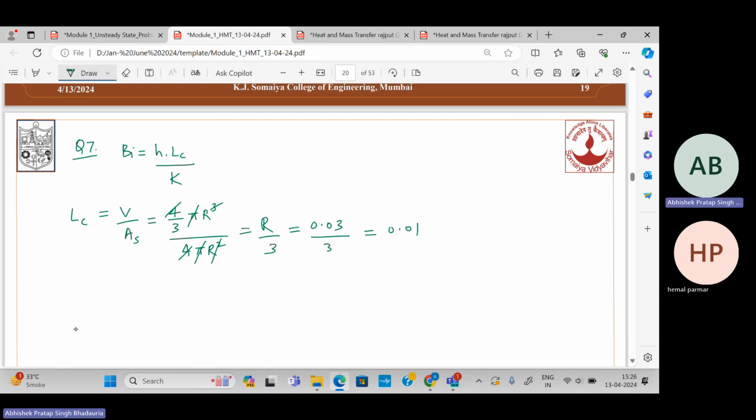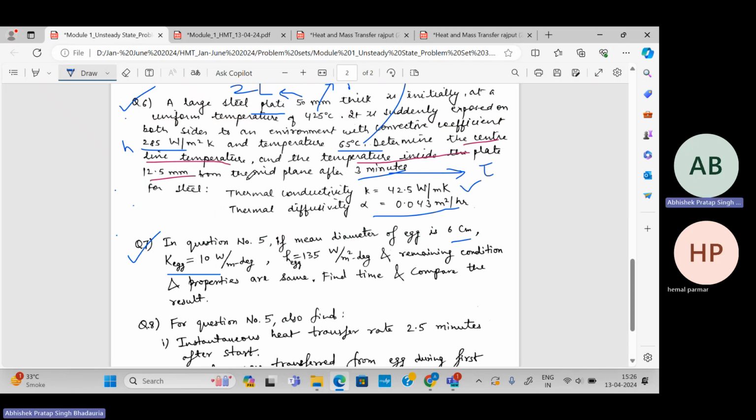This is the characteristic dimension. Now we'll calculate Biot number. Biot number is h Lc by k. So the characteristic dimension we got as 0.01 meters. What is h given in the problem? h is given as 135.